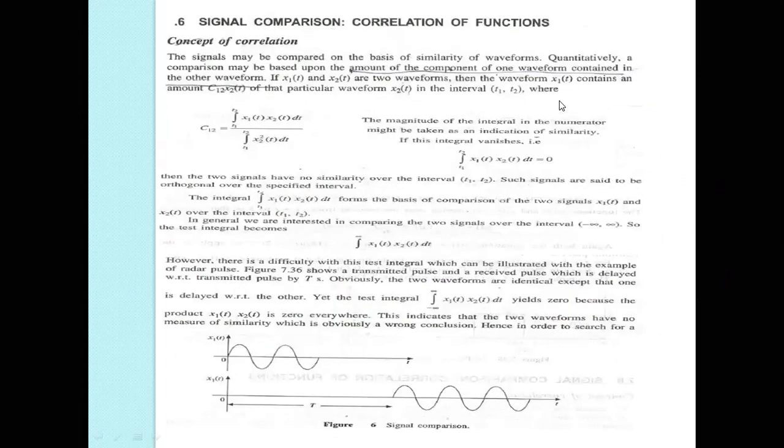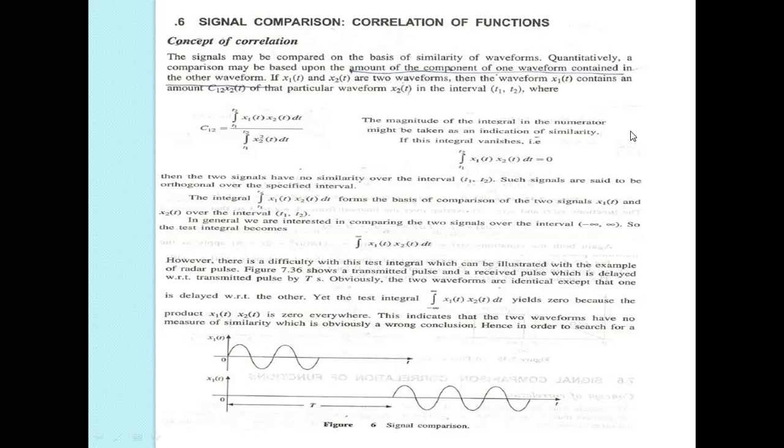Now the next topic, signal comparison or the correlation of functions. This is as per your syllabus, my dear students. What I explained in the last class and today's class, up to the convolution theorems and examples, you have to learn before you learn the correlation function.